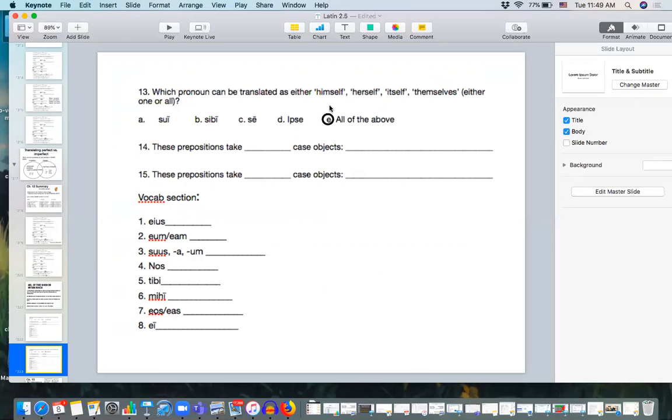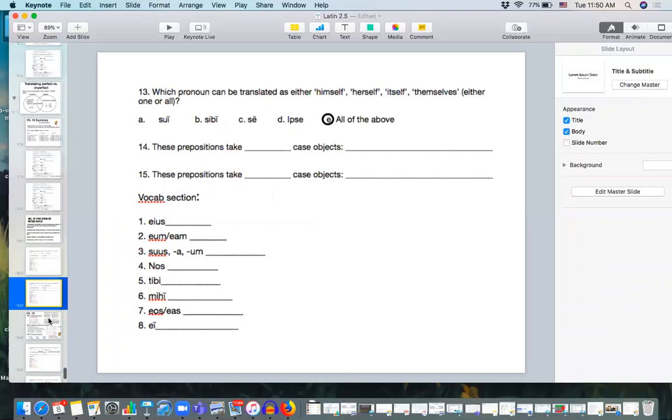With the feminine version, ipsa, it would be herself. But itself might occur if we're talking about an inanimate object that happens to be masculine. These third person reflexive pronouns, depending on the gender, will be translated as himself, herself, or itself. Sui is genitive, so it'd be of itself, to itself in the dative, and this gets accusative or ablative. So it might be with a preposition, or just the object of a verb.